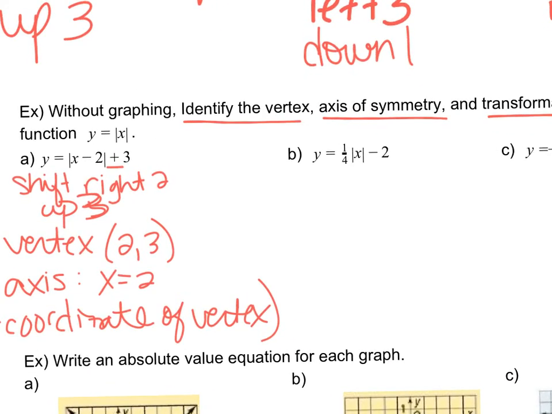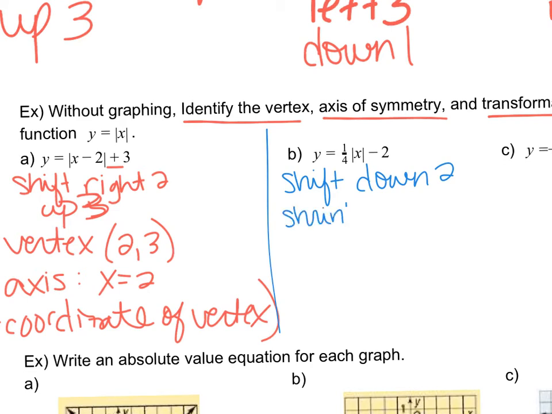Okay, so this next one, let's use a different color. So this would be a shift of down 2, and then the fraction in front of the absolute value is less than 1, so that means it's going to be a shrink or compression, I'm going to say shrink, by a factor of 1/4.